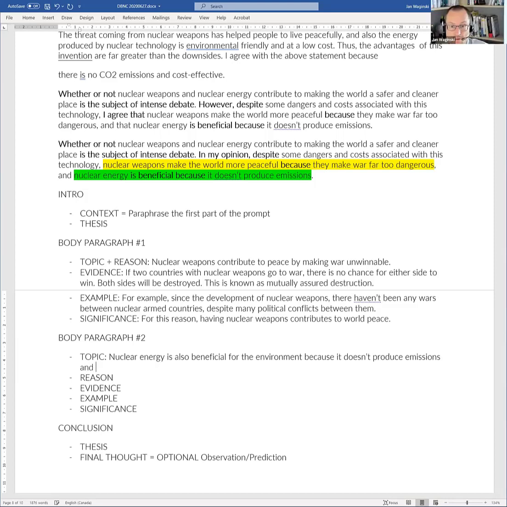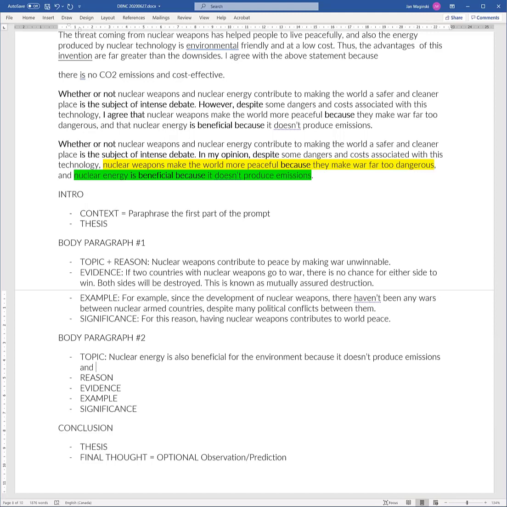So we have to talk about the low cost too. So how are we going to phrase, how do we summarize this big idea that we have, in terms of the bigger picture, it saves money because you don't have all of these pollution related costs. So it's not really low cost.